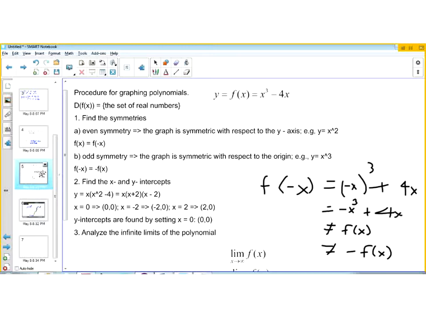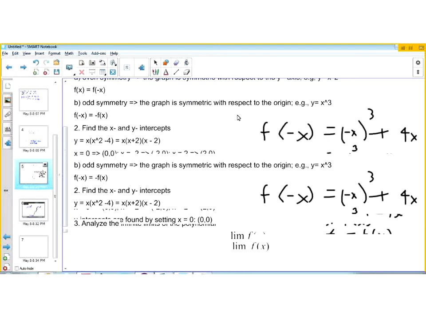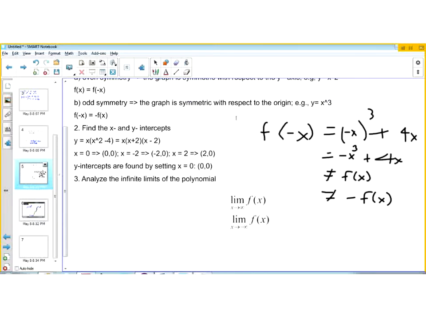Now, as x goes toward negative infinity, if we put a very large negative number in for x cubed, then that goes to a very large negative output. Again, negative infinity cubed predominates over the minus 4x, or plus 4 times infinity. So as x goes toward negative infinity, the output will go correspondingly toward negative infinity as well.